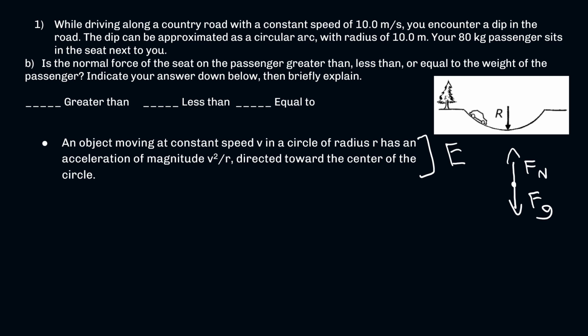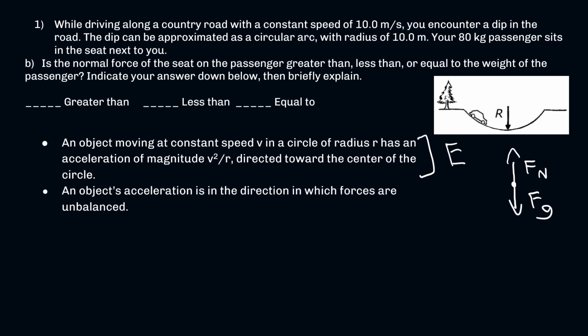And the other evidence or the fact that I'm going to use for this is that an object's acceleration is in the direction in which forces are unbalanced. So we have more evidence here for this. So again, now direction in which forces are unbalanced, that just means that if I have opposite forces, that side is going to be the greater force here.